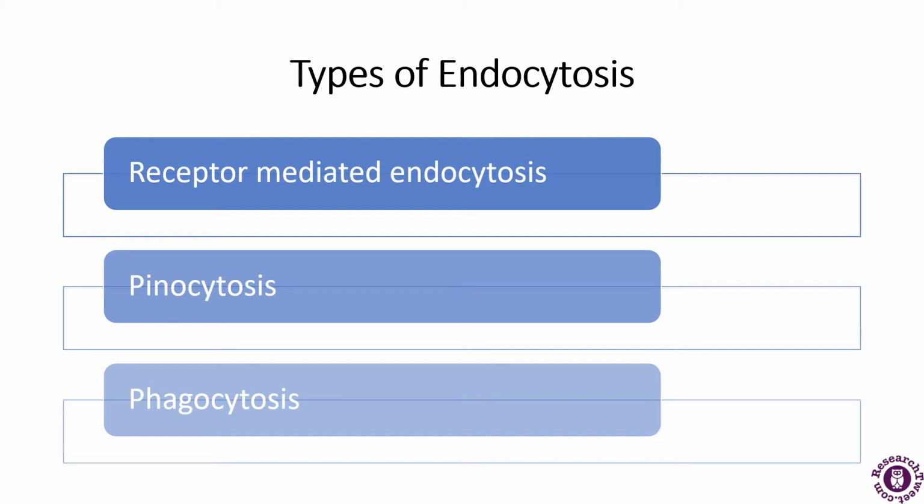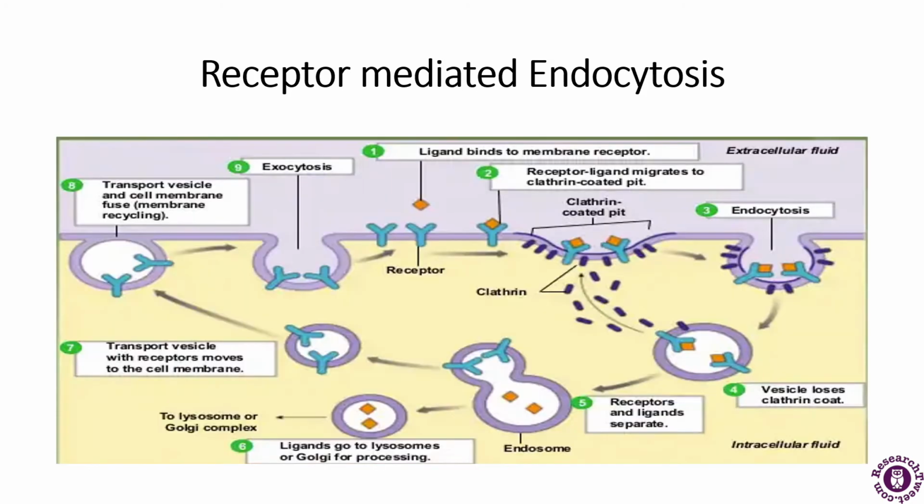The next is phagocytosis, a process by which a cell binds and internalizes particulate matter larger than around 0.75 micrometers in diameter, such as small dust particles, cell debris, microorganisms, and apoptotic cells. These processes involve the uptake of larger membrane areas than clathrin-mediated endocytosis. So this was about the types of endocytosis.